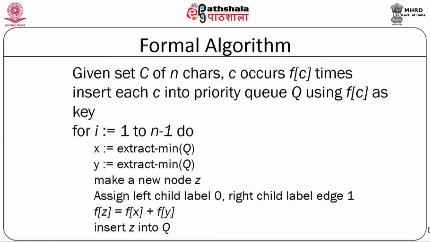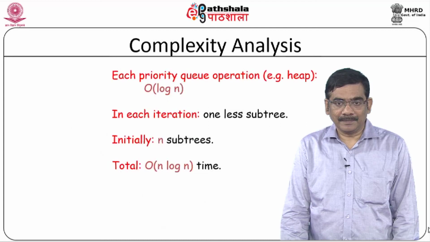The two least frequency items are sent as the output, then we create a new node and add the frequencies, assigning the left-hand side as 0 and the right-hand side as 1. Then we add this z onto the queue and we repeat this process from 1 to n minus 1. Therefore, at the end of all the iterations you have the encoding tree.